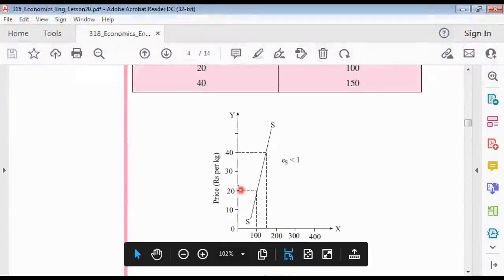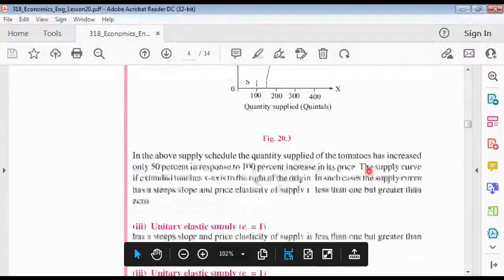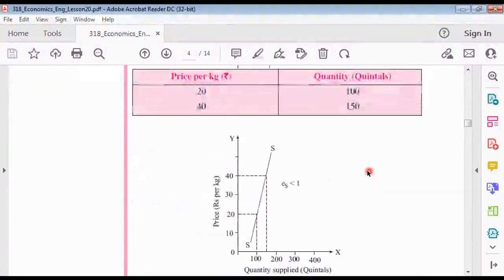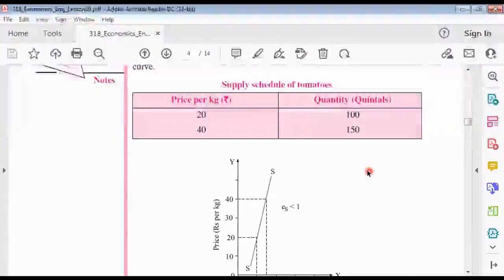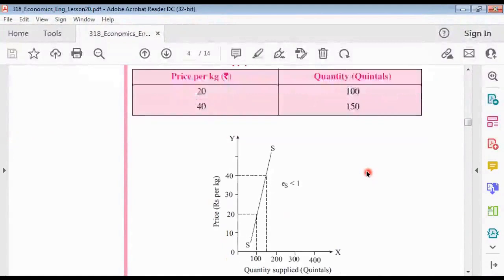Price is rising from 20 to 40, but quantity supply is rising only from 100 to 150 here. So the graph, it will be how much by how much? It will be 50% by 100%, and 50% by 100% would be 0.5.